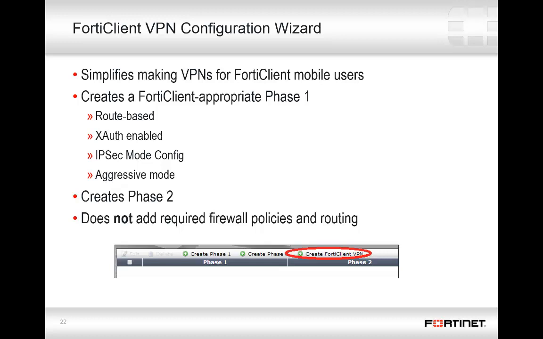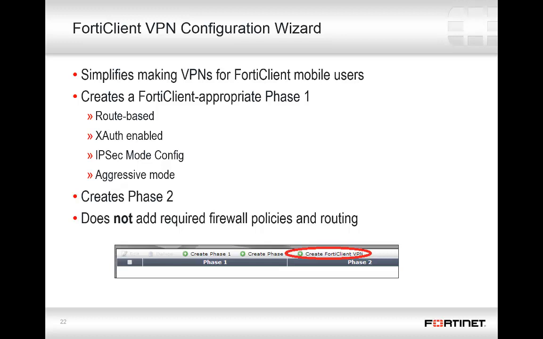If your clients are FortiClient, there are simpler alternatives to configure your spokes. On FortiGate's GUI, in the IPsec VPN area, there is a FortiClient VPN configuration wizard. Just enter basic settings such as authentication method, pre-shared key, user group for extended authentication, and IP setting, or mode config.